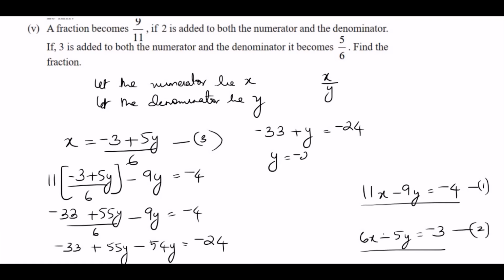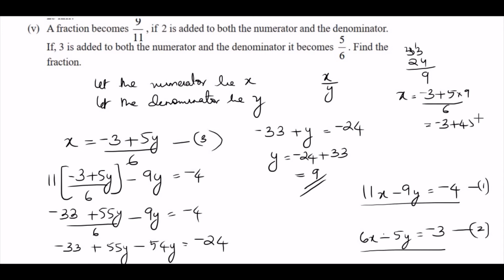So y is equal to minus 24 plus 33, that is 9. So the y value is 9. Now when you substitute this y value in x in this third equation, you get x is equal to minus 3 plus 5 into 9 by 6, that is minus 3 plus 45 by 6, 42 by 6, that is equal to 7. So the x value is 7 and y value is 9.